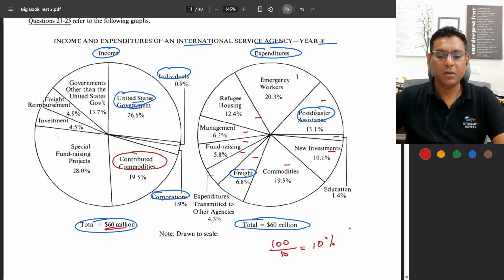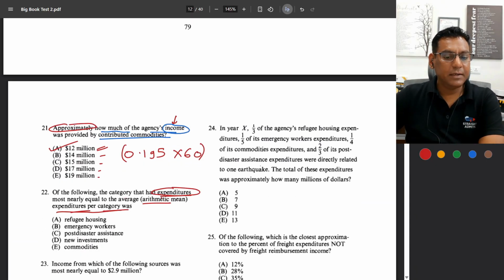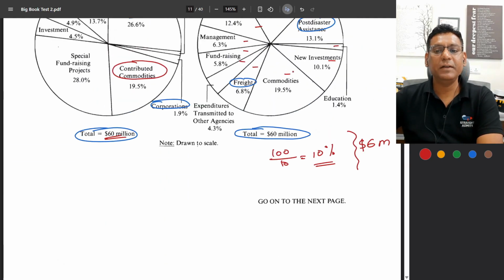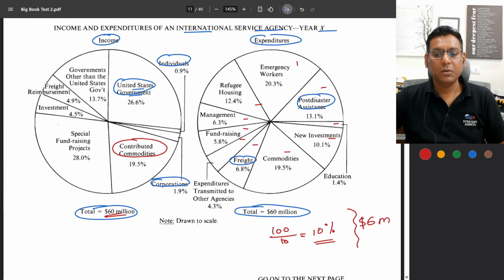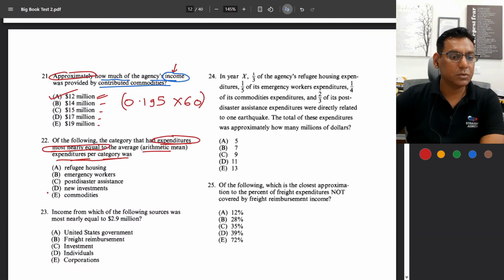This is in terms of percent, or in absolute value it is $6 million, right? Why am I doing it in percentages? Because I don't have to do the $1,000,000 calculation. So the question is which figure is most nearly equal to 10%. Oh, I got it. Let's see if I have any other figure that is equal to 12%. This is the second closest figure, but obviously it is not as close as 10.1. So new investments is closest to the average.